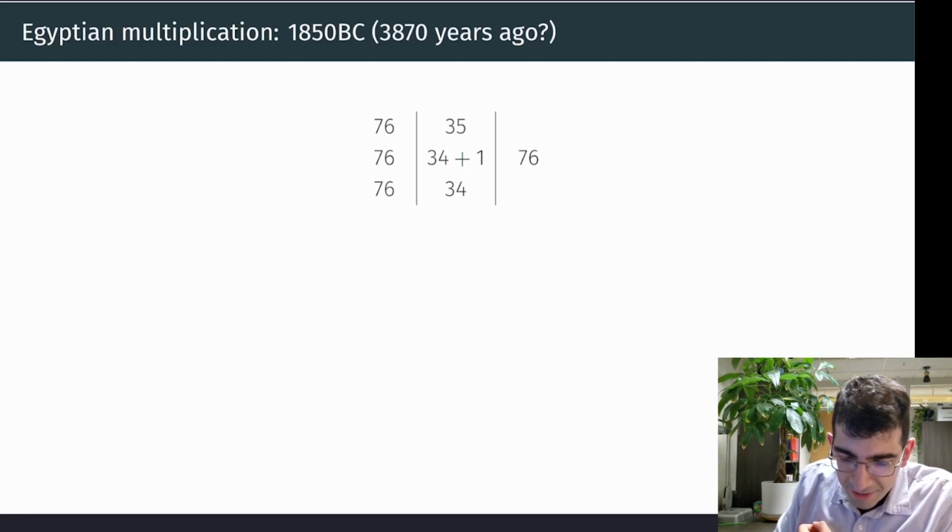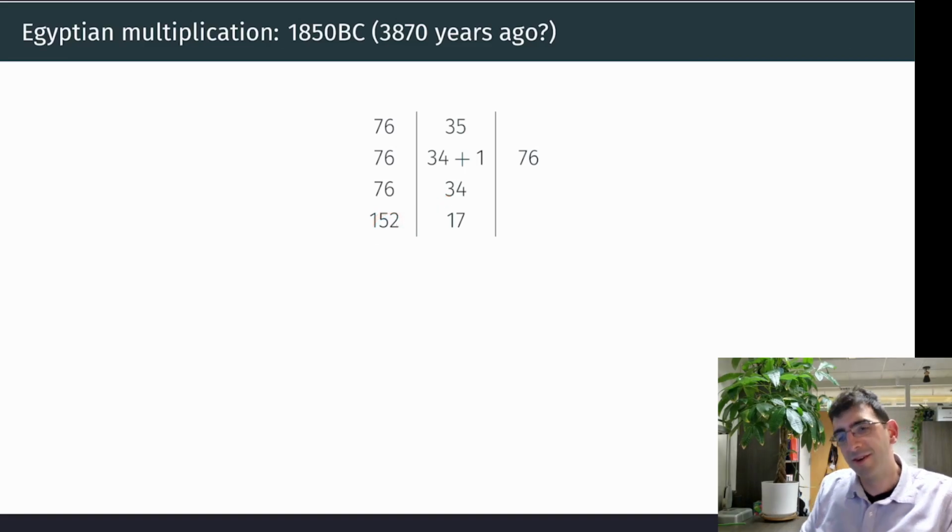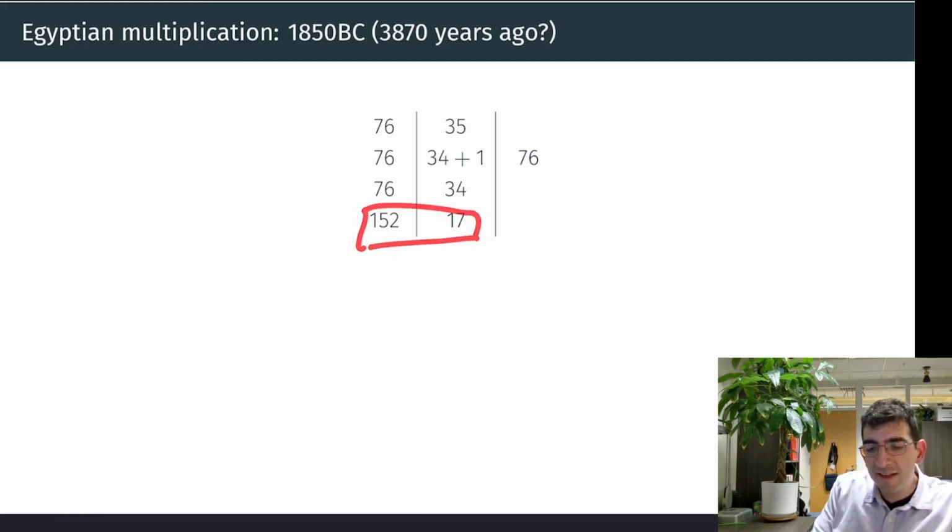To show you what I'm saying, we take a 2 from the 34, make it 17, and give that 2 to the 76 and make it 152. Again, we're still computing the same value, but multiplying 152 times 17 is easier than multiplying 76 times 34.